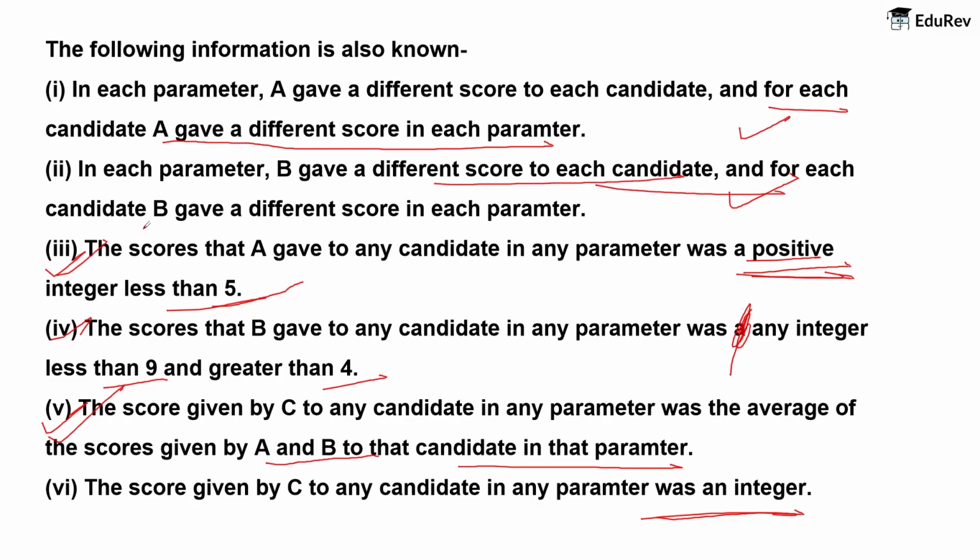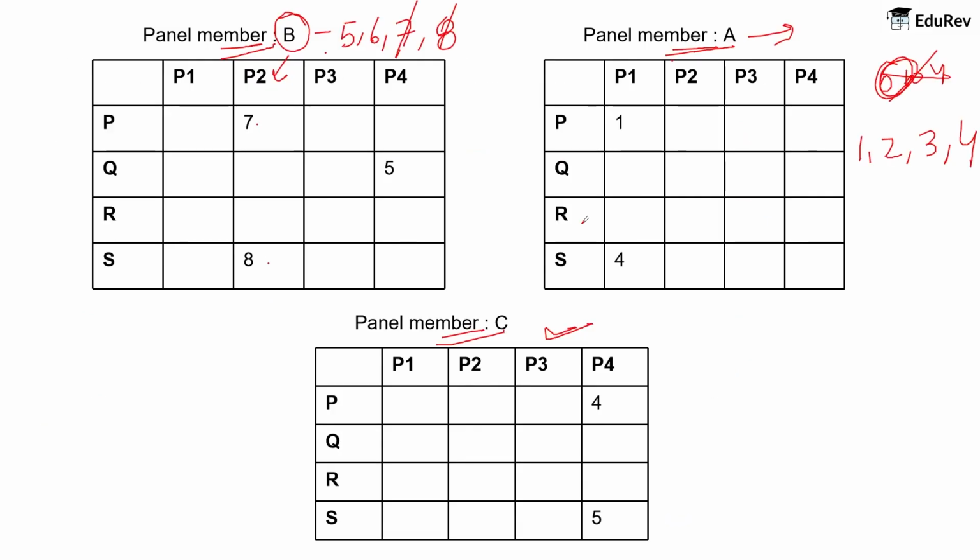So the scores of Q and R for P2 can't be the same, they have to be different. So the possibility is either 5 or 6. Same way this can either be 5 or 6.